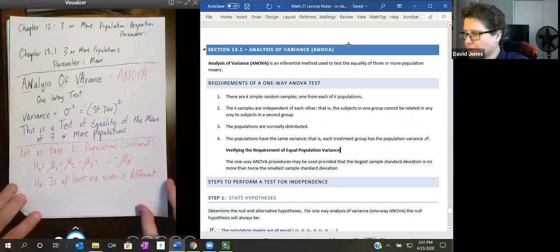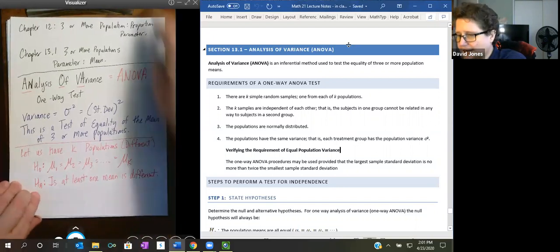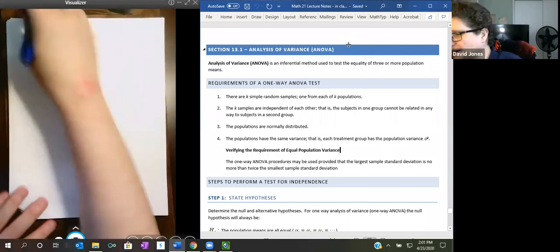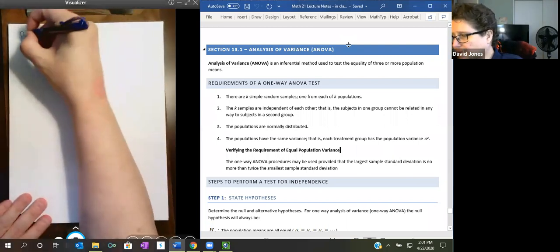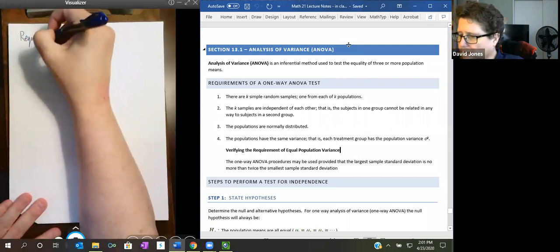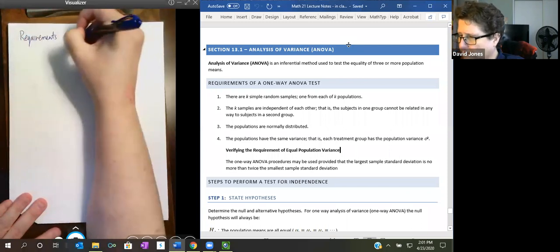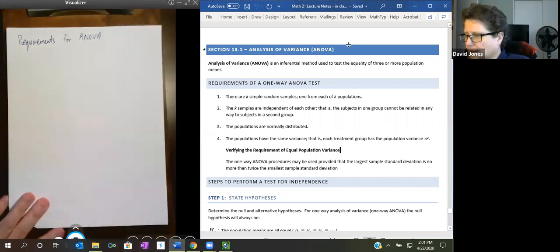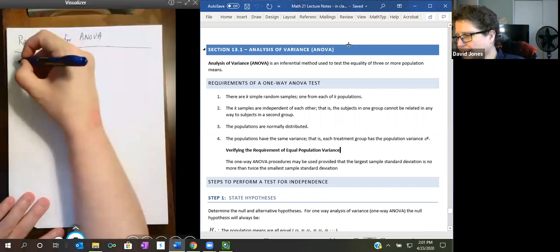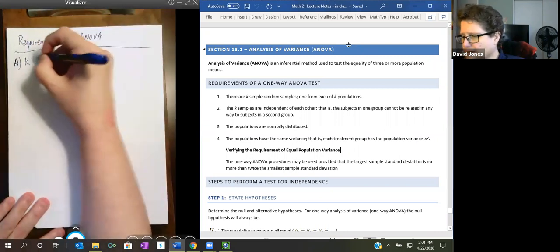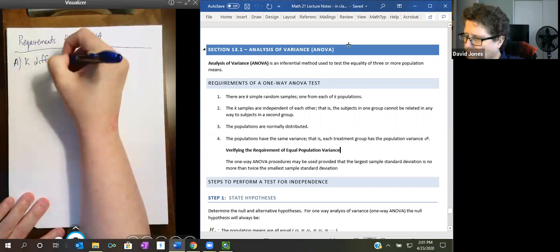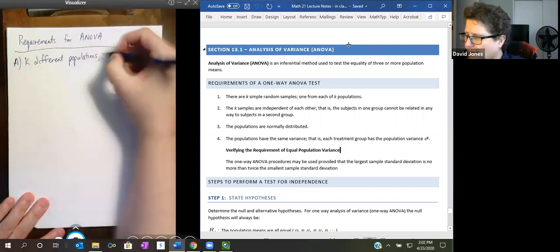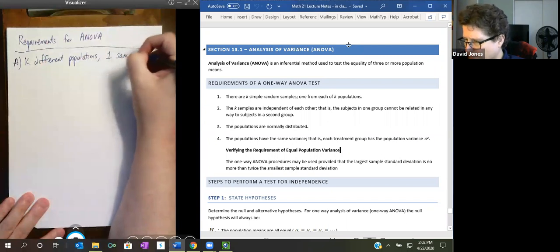Let's just discuss the requirements of the ANOVA test. So requirements for ANOVA. Like I said, K different populations. And we're going to have one sample group from each.